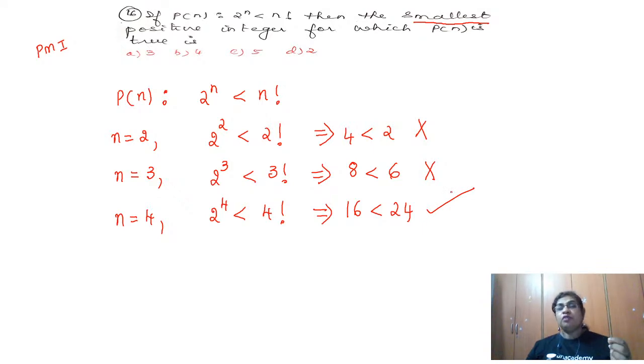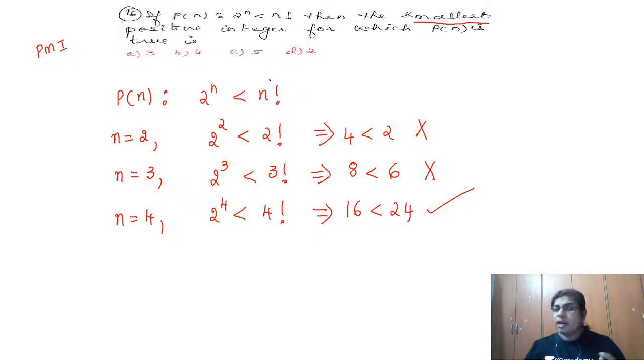We had to find out the smallest positive integer which would satisfy the given relation. Is that clear to you? Out of the options we started with 2, which does not work. So we started increasing the numbers. We took 3, which also did not work, and we found 4 works.